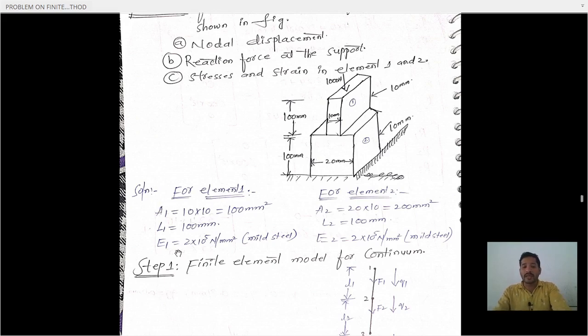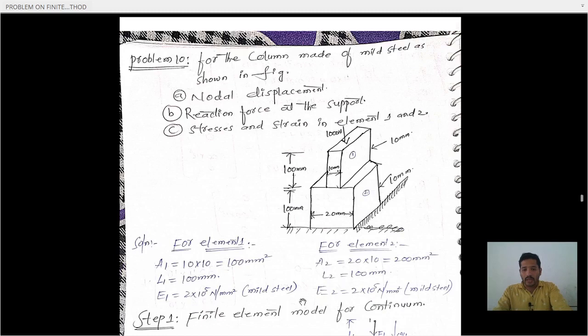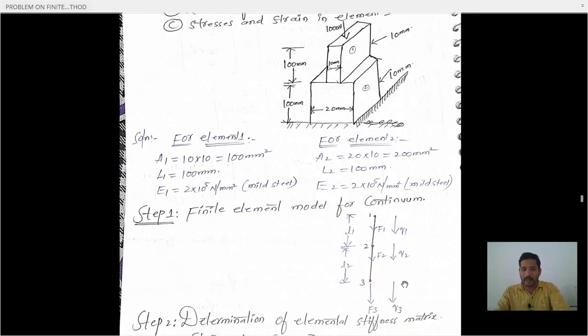For the first element E1 is equal to 2 into 10 power 5 Newton per mm square for the mild steel, and the same for the second element: E2 is equal to 2 into 10 power 5 Newton per mm square.